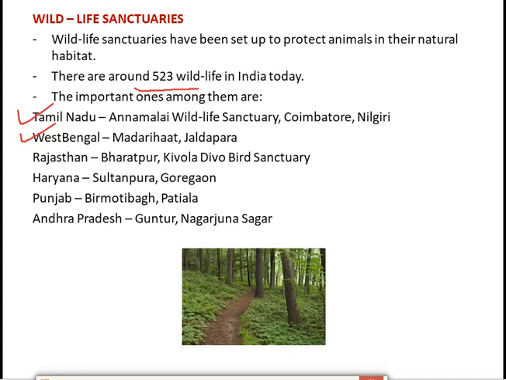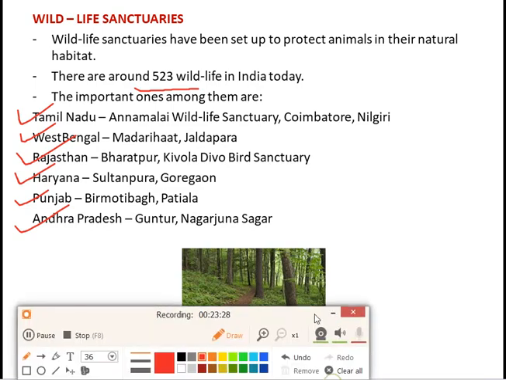Next we have in Rajasthan Bharatpur Keoladeo Bird Sanctuary. Next in Haryana we have Sultanpur, Gurgaon. In Punjab we have Bir Moti Bagh, Patiala, and in Andhra Pradesh we have Guntur, Nagarjuna Sagar. So these are the important wildlife sanctuaries which are present in India.